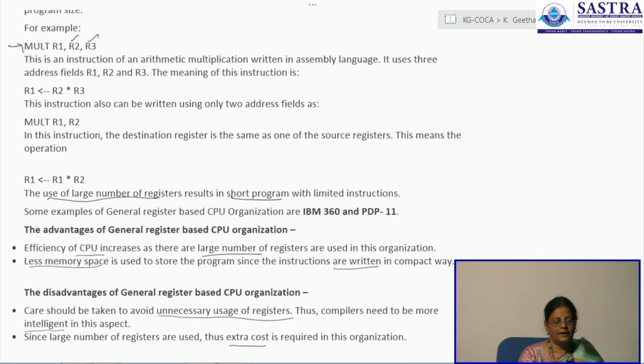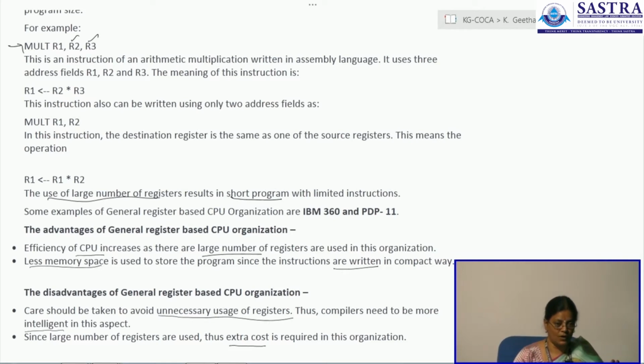So we have discussed the general register based organization. In register based organization, we expect all the operands to be in the registers, and we will always refer to two registers for the source and one register for the destination. And if we have enough registers, we can always claim the advantage of making the memory effectively utilized and also CPU time minimized.